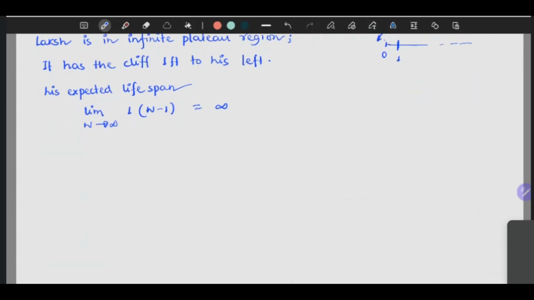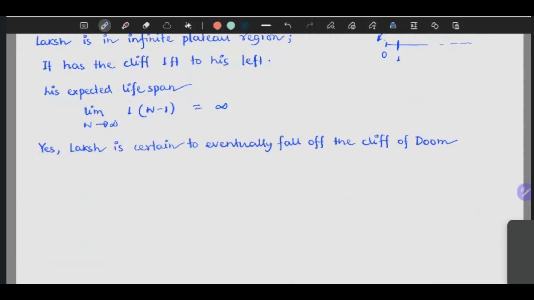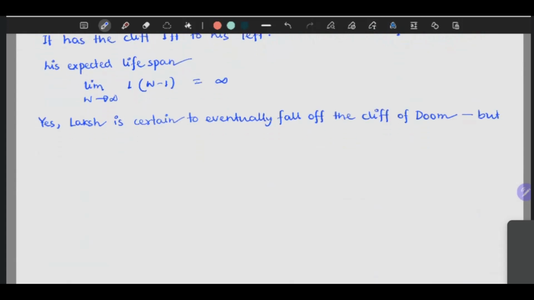So yes, Lux is certain to eventually fall off the cliff of doom, but his expected lifespan is infinite.